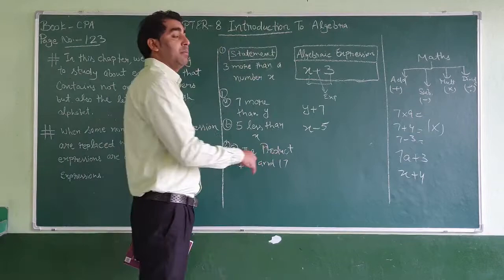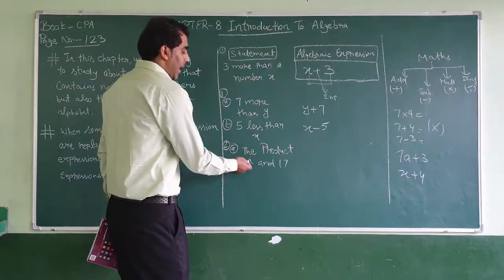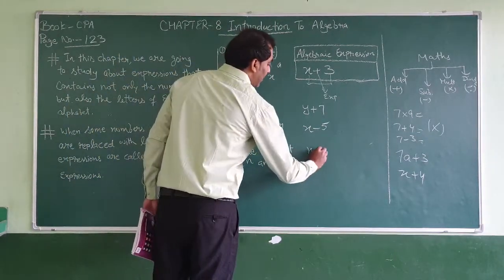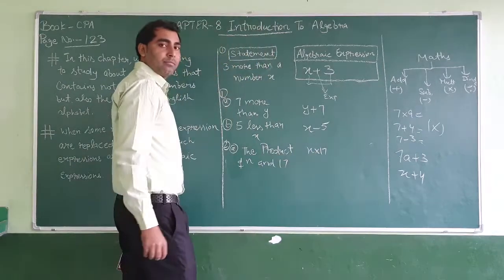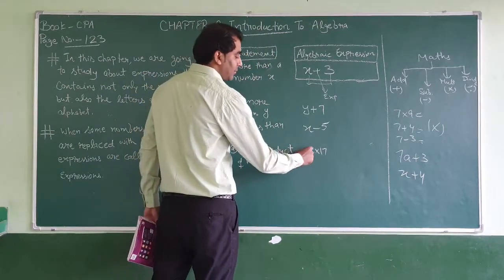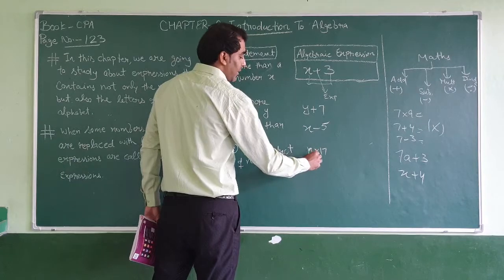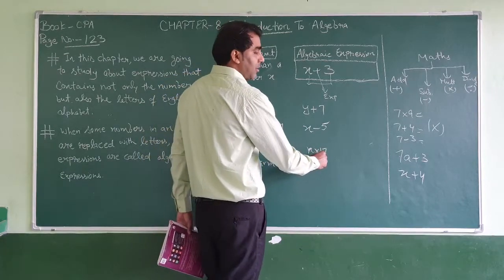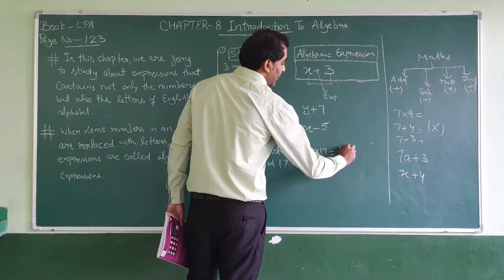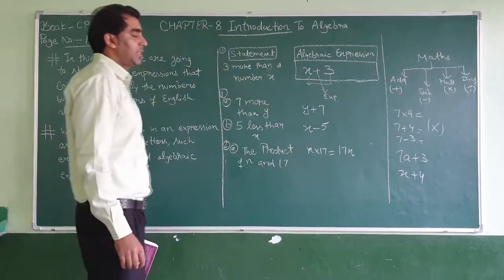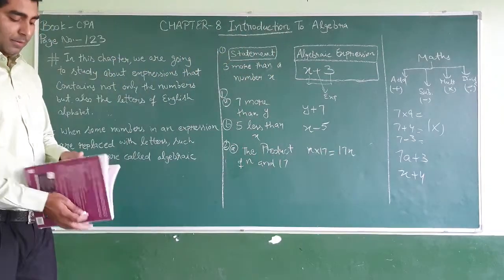Product means multiply. So n and 17 means n multiply 17. This is the variable and this is the constant. We can write it as 17n. Both things are the same.